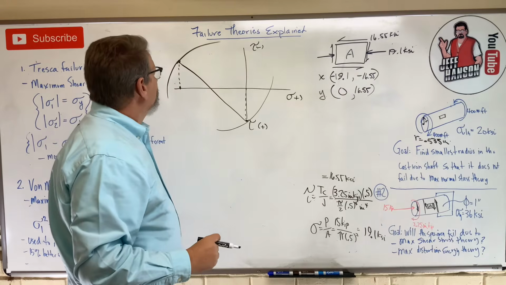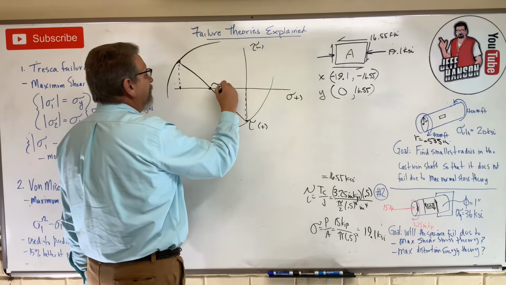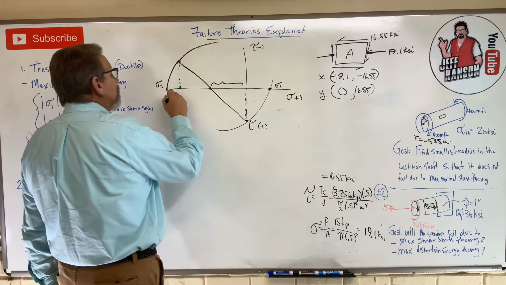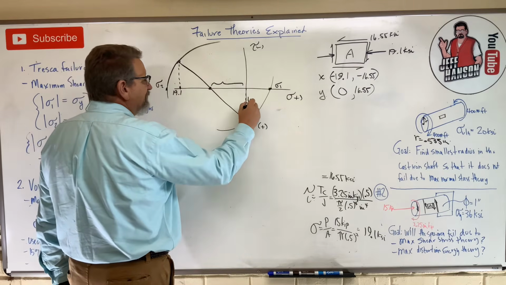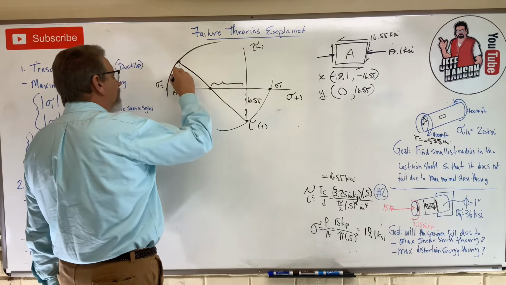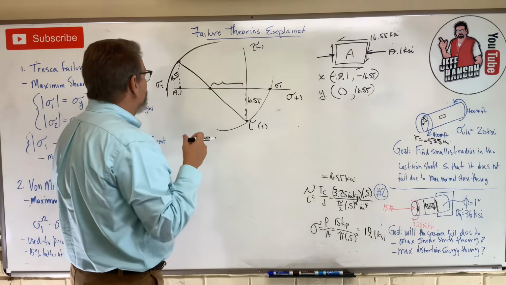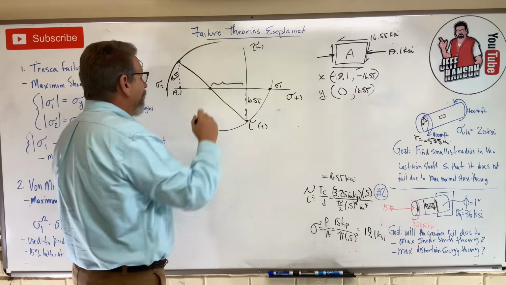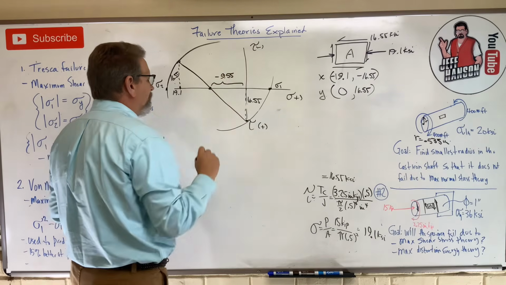Okay. So what do we got? Let's see. From here to here, so on our circle, this is 19.1, and this height here, 16.55. This height here, 16.55, which means that this distance here has got to be half of 19.1, doesn't it? Which is negative 9.55.